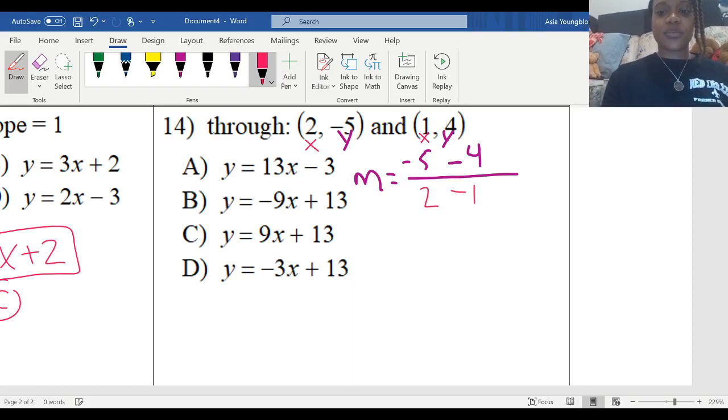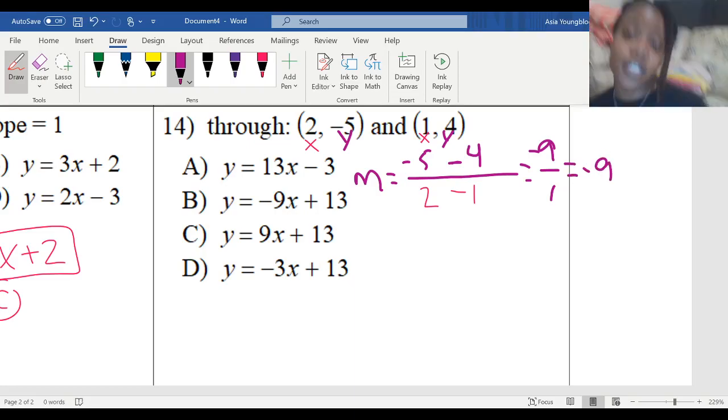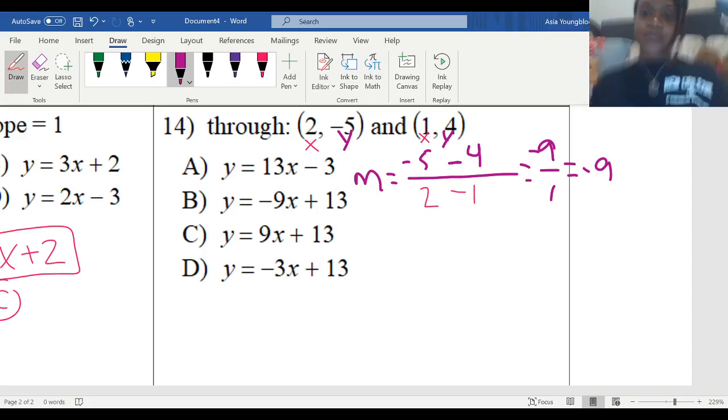Again, the most important thing is that if you start with this y value, you have to start with the x value in the same exact point. So negative 5 minus 4 gets us negative 9, and 2 minus 1 gets us 1. So our slope is just this whole number, negative 9. Any number divided by 1 is just itself.